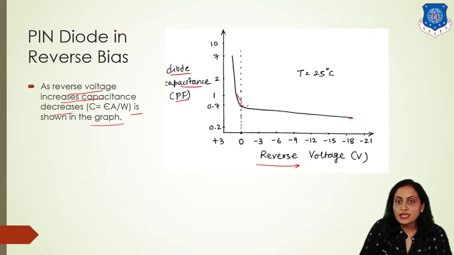So it is 0.7, we can say almost 0.4 decrease in the capacitance, which is very small in amount. That is why we can say this capacitance remains almost constant. So it decreases from 0.7 picofarad to 0.4 picofarad. So very small variation we can see in the capacitance. So we can say that when the reverse bias is applied, almost constant capacitance is offered by the PIN diode.